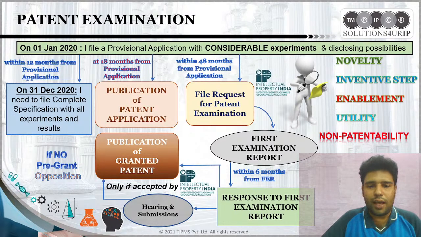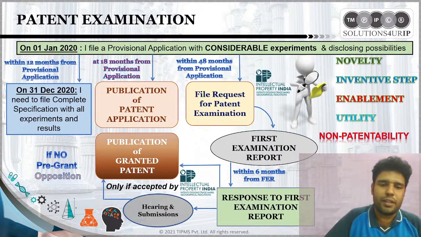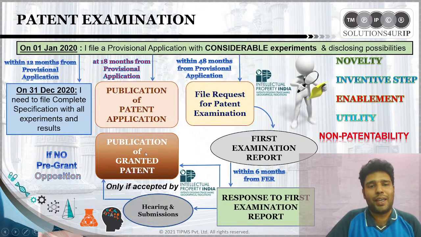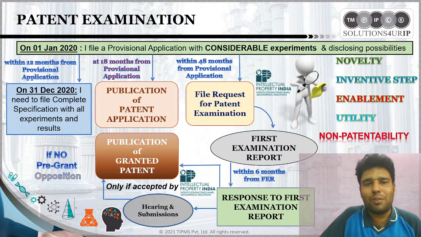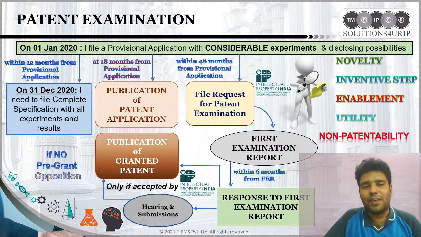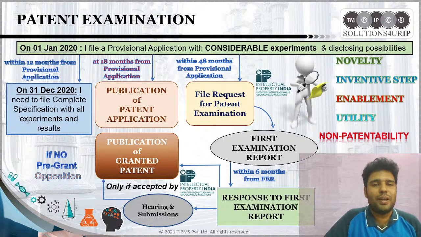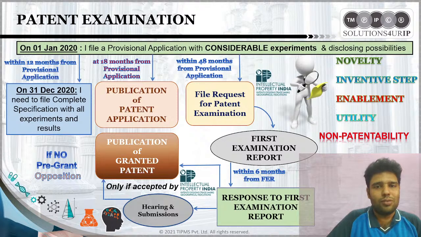That means from the date of publication of the patent, from this first publication till second publication, within this date, if anyone finds that irrespective of the patent examination done by the patent office, I am still of the opinion that this is not eligible to be granted a patent, this is not new, this can be easily anticipated, predicted or derived from other applicable prior arts which you have with you.